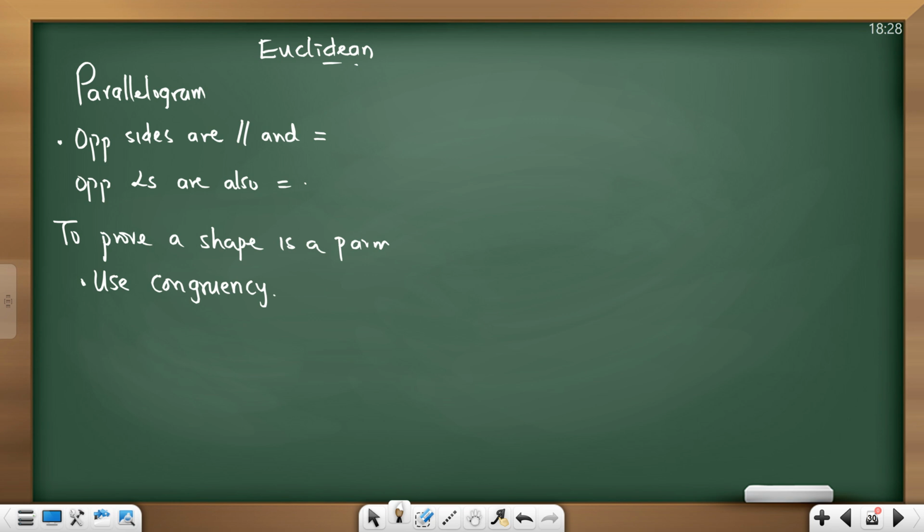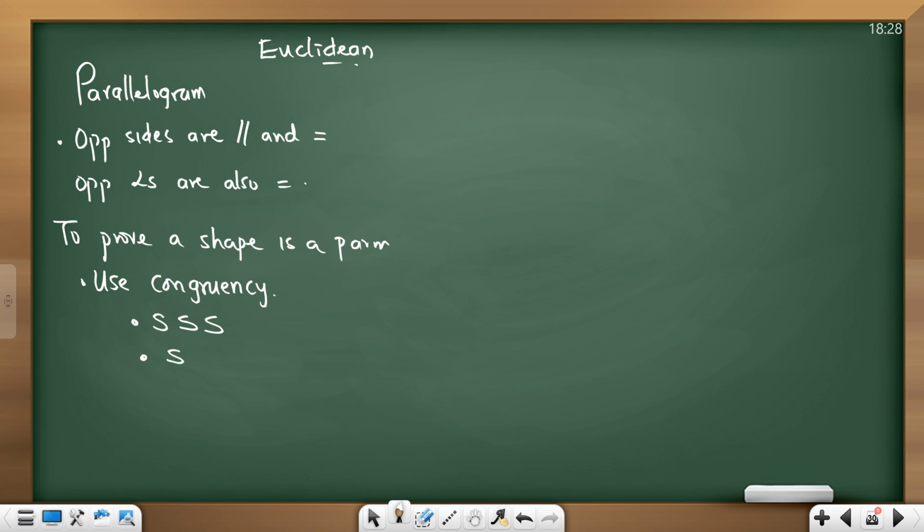Congruency will tell about the sides. Similarity never tells you that the sides are equal. Congruency does. And what are the 4 conditions for congruency? Side, side, side. Then we start changing. See, let me just show you. We have 3 sides, right? Then we start changing the sides into what?